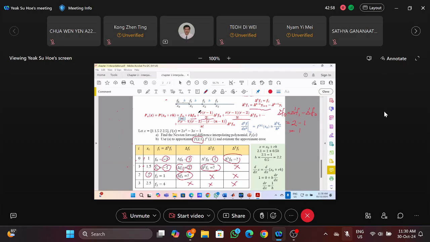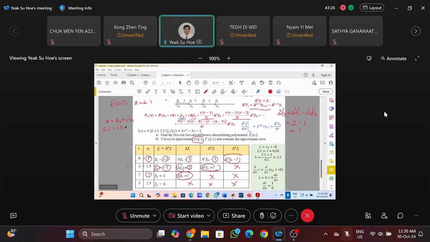Then you need to change to the R. So now the question is F 2.1. What is the meaning? The meaning is that your S is 2.1. So you substitute inside here. S equal to S0 plus RH. Your S is 2.1. What is initial S? Initial S is 1. What is your H?